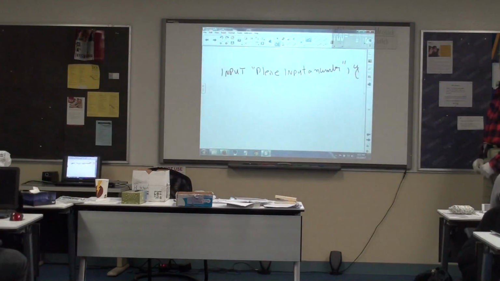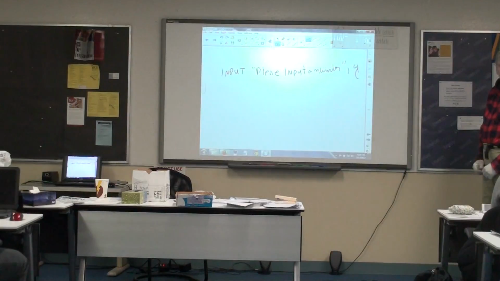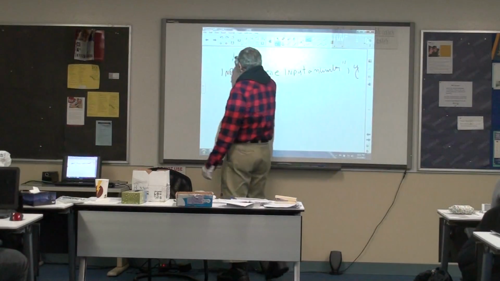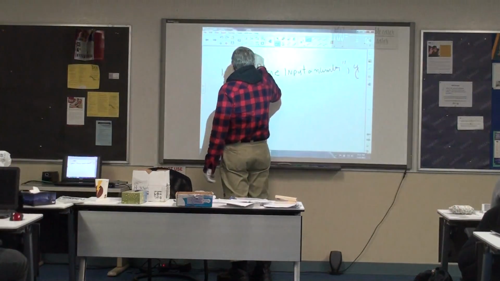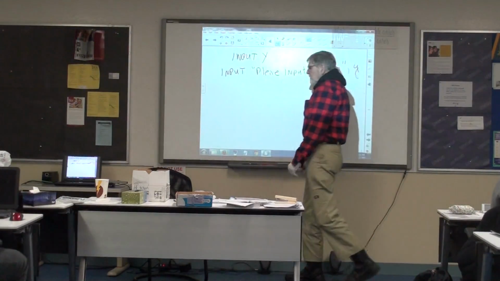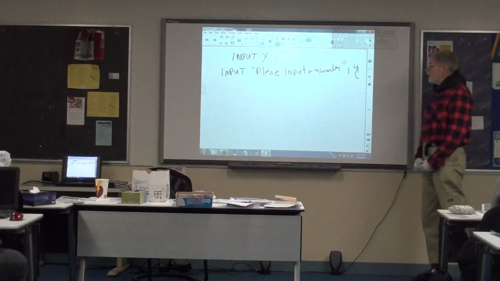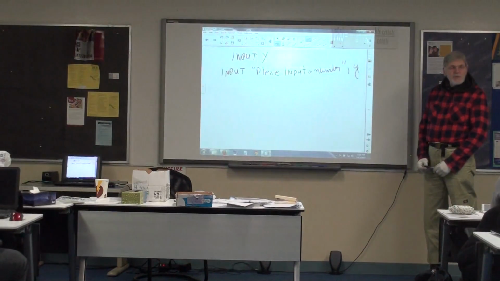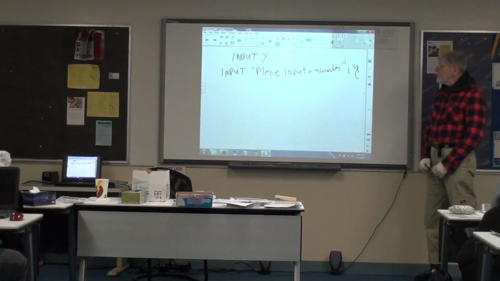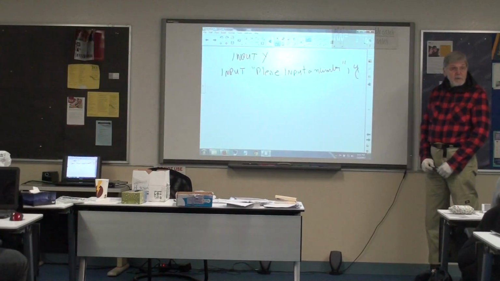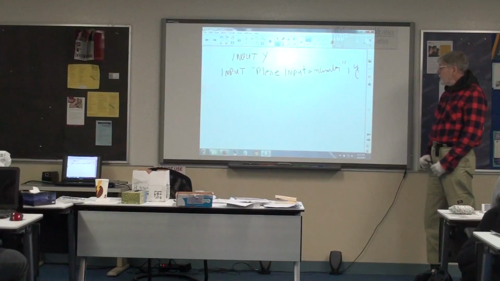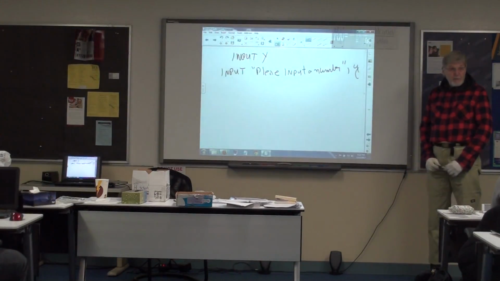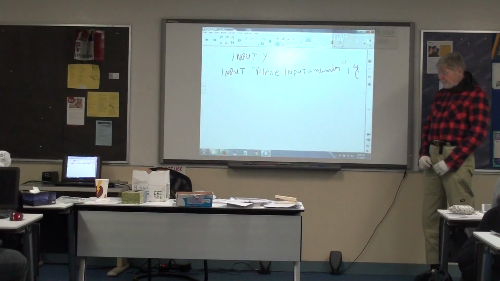Remember those prompt boxes that you had, to deliver instructions, like please input a number? Right. If I just say input Y, then the program is going to pause and wait for something from the keyboard. What comes in from the keyboard will be assigned to the variable Y location. If you want a prompt, you can put the prompt in quote marks ahead of the variable that you want to put it into. Okay.